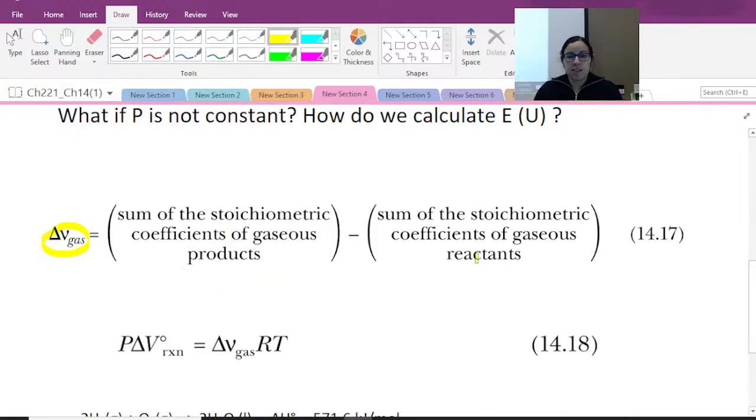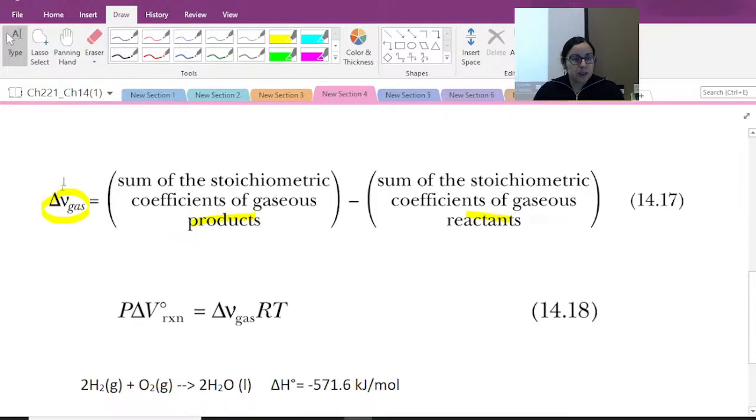And then minus, so you're basically figuring out how your moles of gas change. Is it growing? Is it becoming fewer? And then you subtract it from the sum of the coefficients from the reactants. So products minus reactants, again summing up all the coefficients. So that gives you your change in volume.